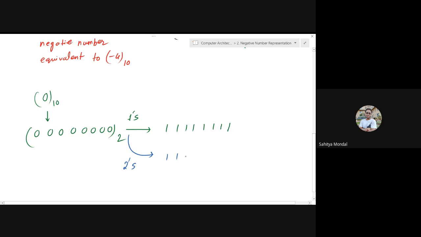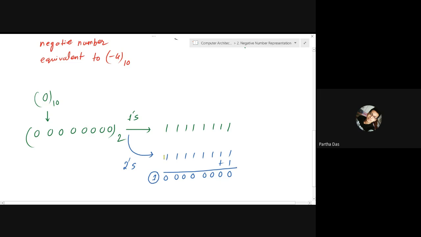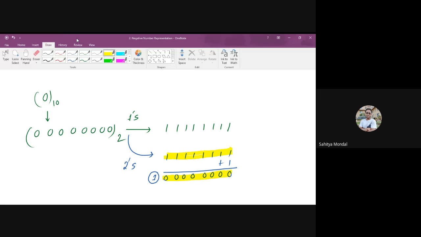Now the question is, if I convert into 2's complement, what will we get? Plus 1. 0, 1, 1, 0, 1, 0, 1. Now, this is the last carry 1, right? Yes, sir. Now I have already told you that I have 8 bits available, so I can use only these 8 bits, not beyond that. Now the 1 has been generated in which bit?